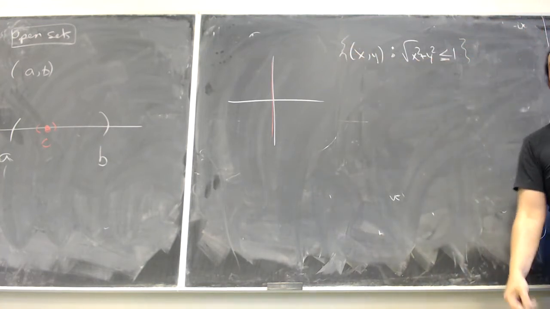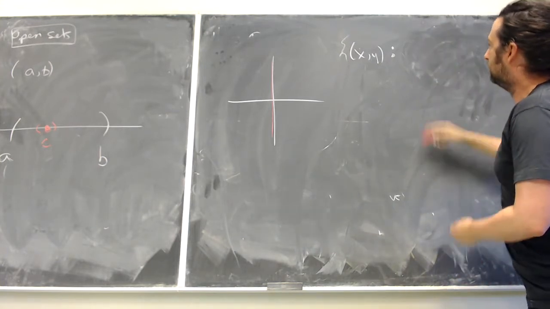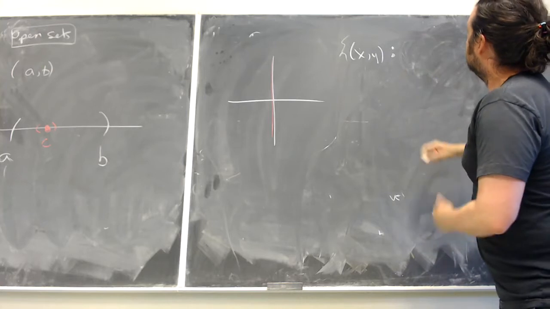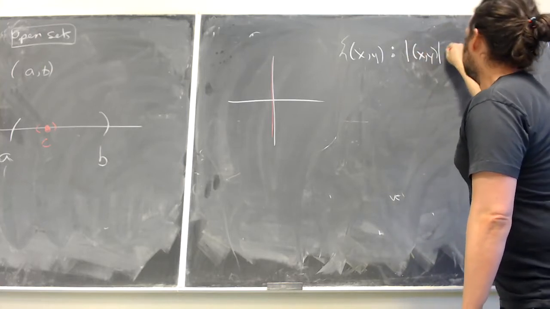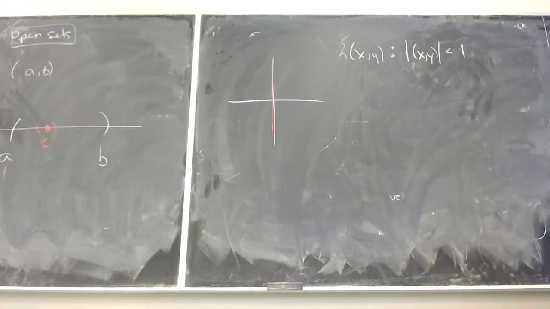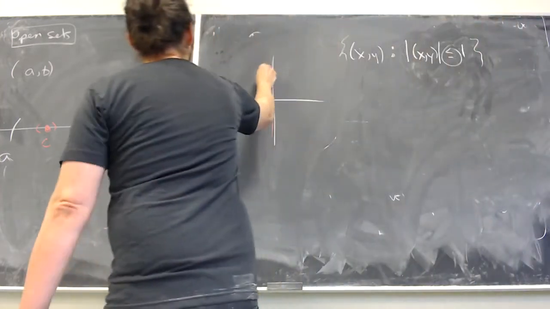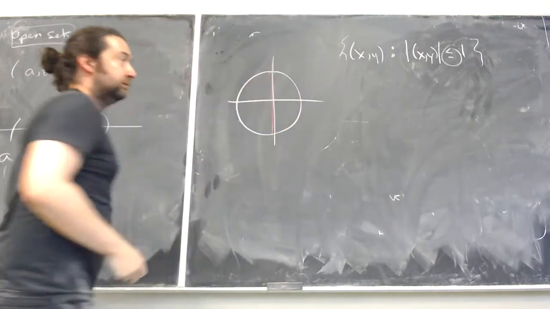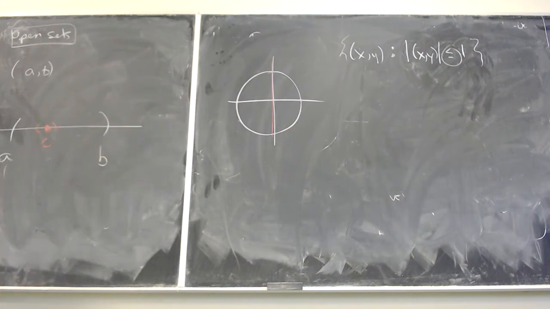So what is that? Yeah, the magnitude of the vector xy is less than 1. So if I put a less than or equal to here, what I've drawn is every vector that has magnitude at most 1, right? This is the set of vectors of magnitude at most 1 in R2.